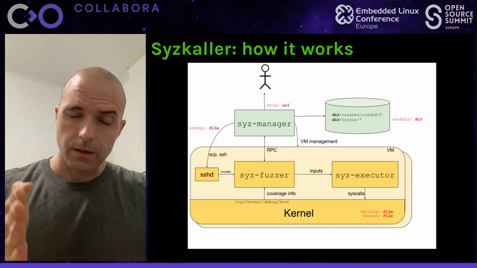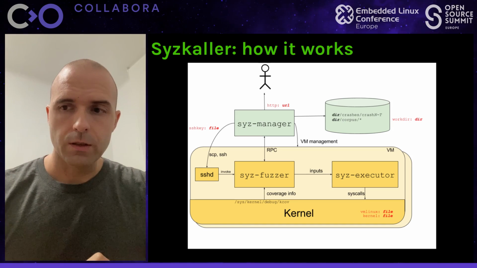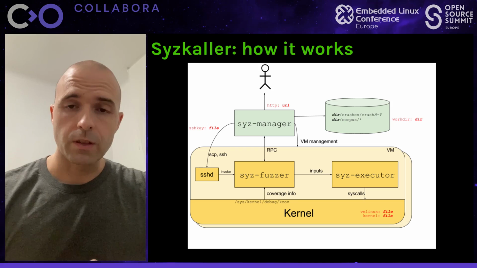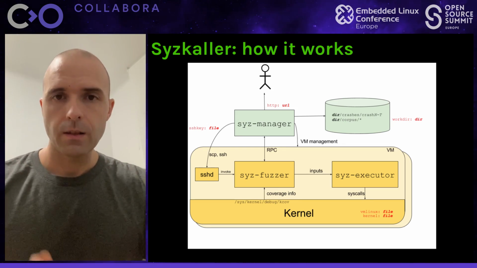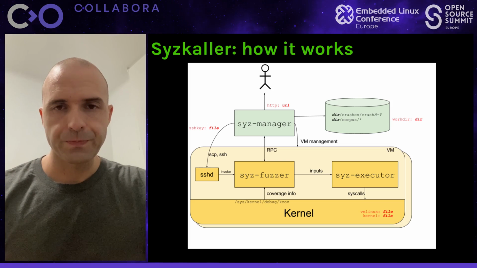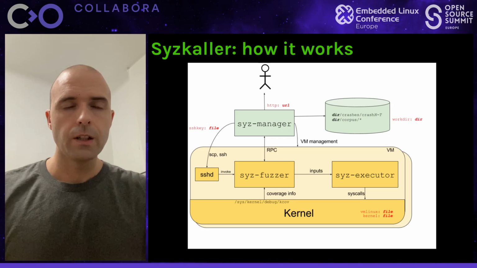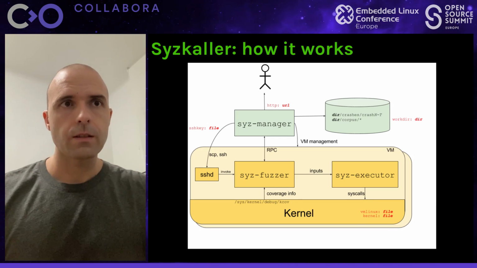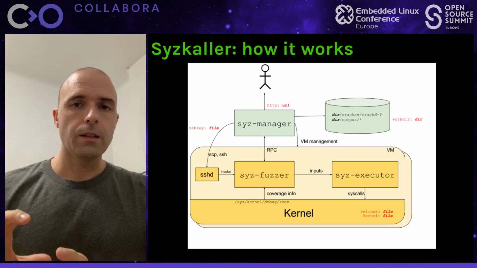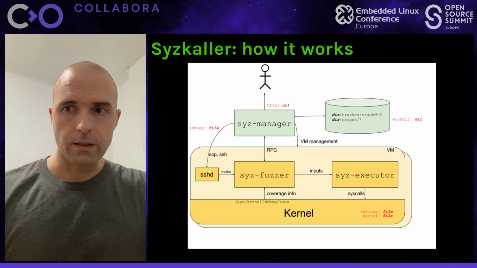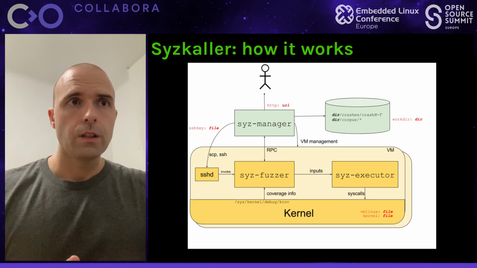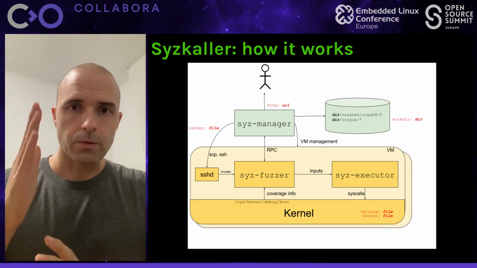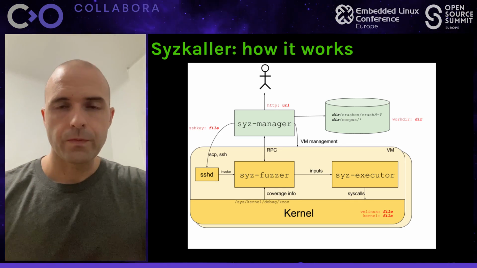It keeps a communication channel with sysmanager, so even though they run in separate environments, they communicate with each other. And sysfuzzer guides the fuzzing process and sends whatever input it created that triggers new code, that covers new code, back to sysmanager for storage.